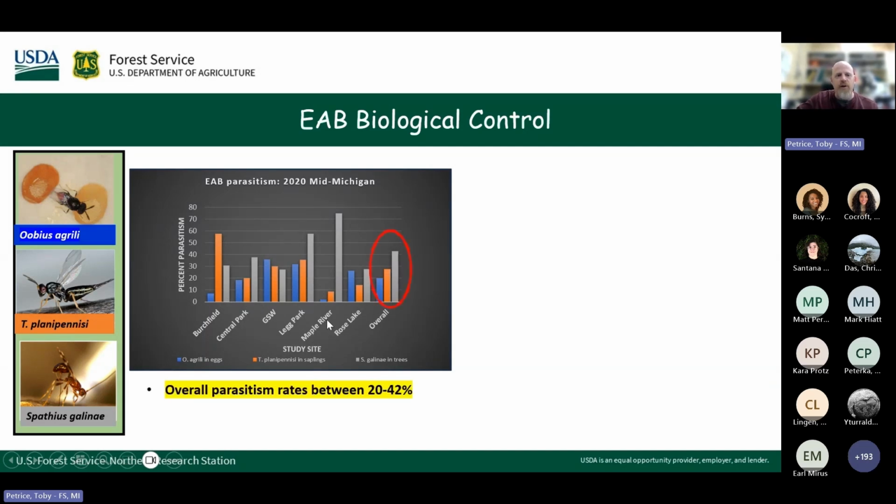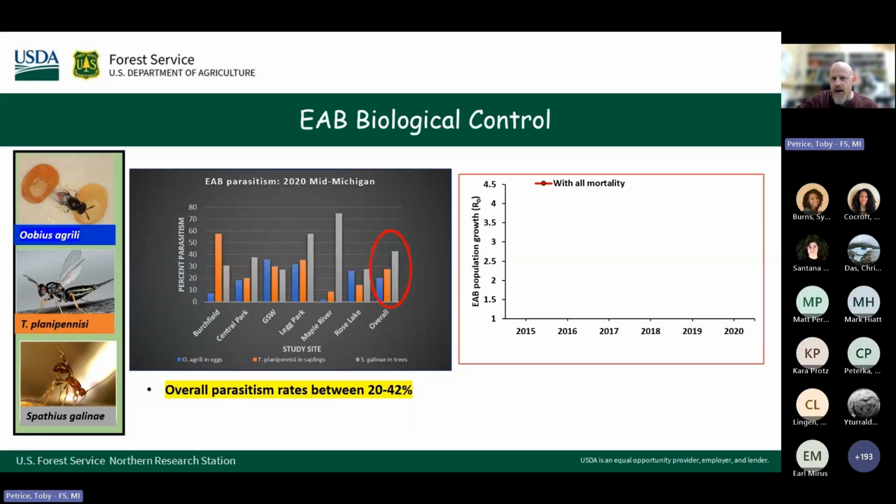But if we look at the overall parasitism rates, they range from 20 to 42% overall. And we usually get better parasitism rates from Spathius galinae, which is actually a newer species from the Russian Far East that attacks emerald ash borer larvae.